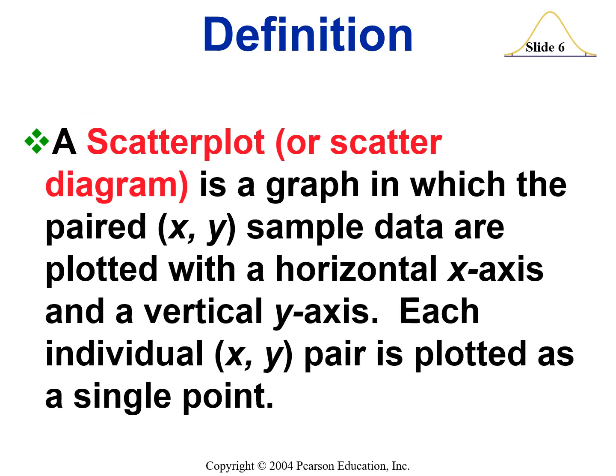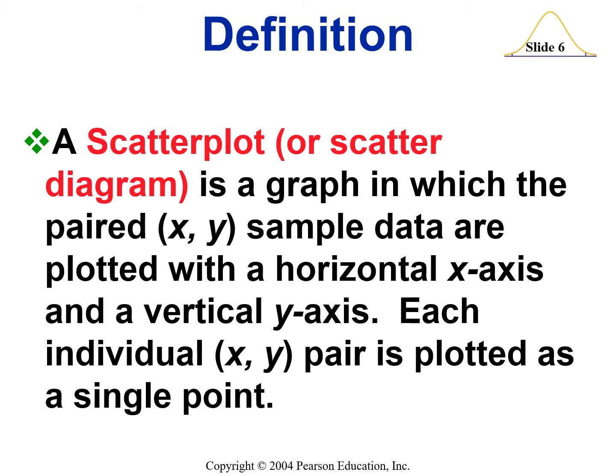We use a scatter plot to assess or to identify if there is a relationship between two variables. Scatter plot is a graph in which the paired XY sample data are plotted with a horizontal x-axis and vertical y-axis. Each individual XY pair is plotted as a single point.